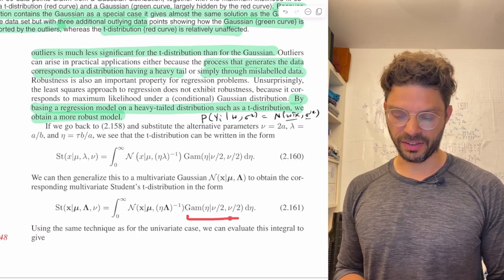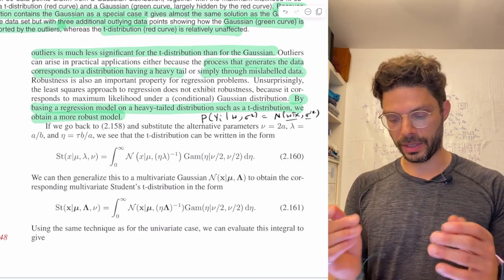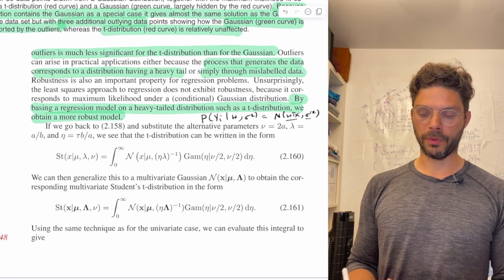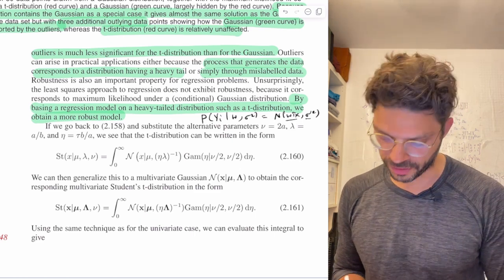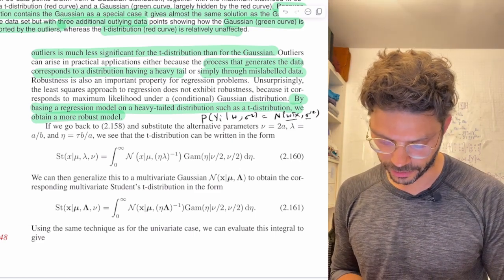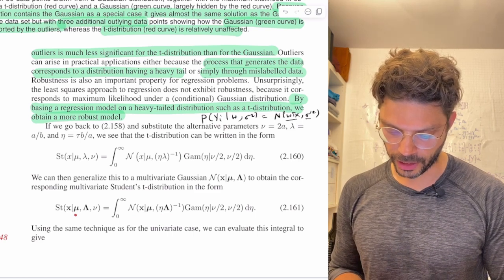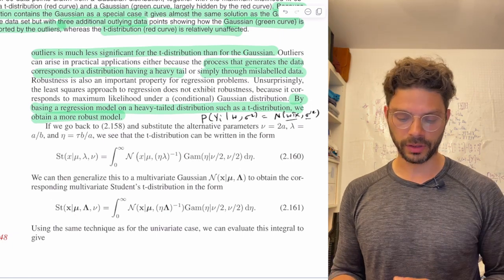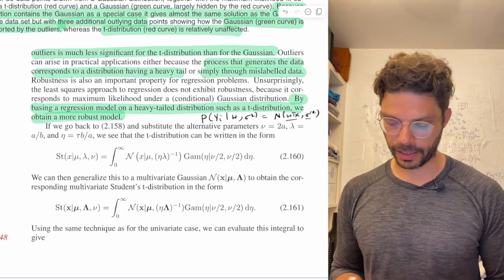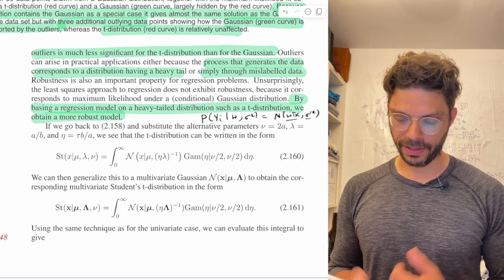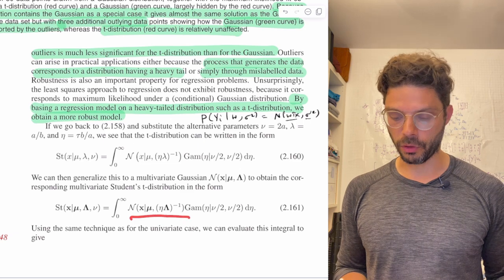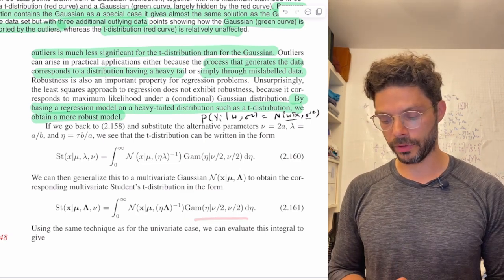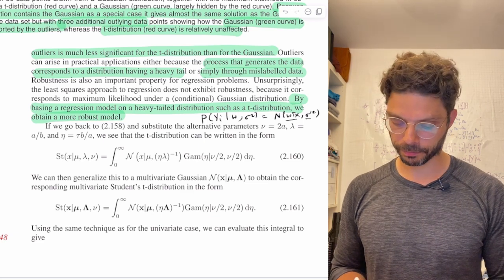So this is just your standard scalar gamma prior, and then you have your multivariate normal distribution. So it looks like what's happening here is that you've got the mean, you've got the precision, and this gamma is scaling that precision, and you don't know what that scaling is. And so as before, you just average over all the scalings according to your prior on them.